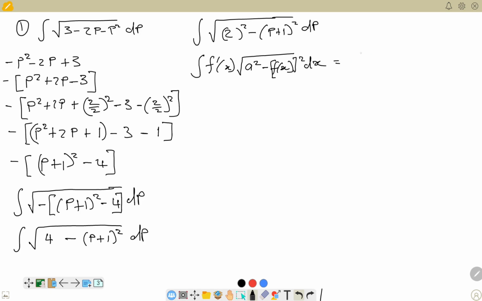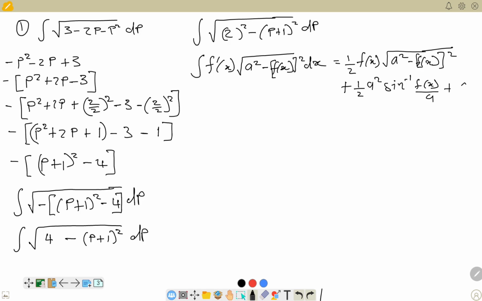So this is equal to a half f of x times the square root of a squared minus f of x squared, plus a half a squared arc sine of f of x over a, plus c.